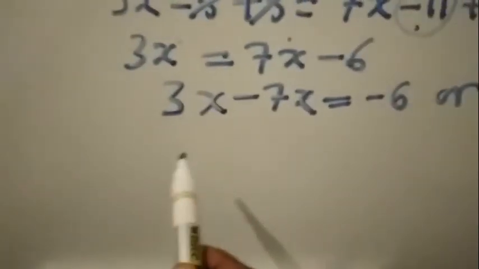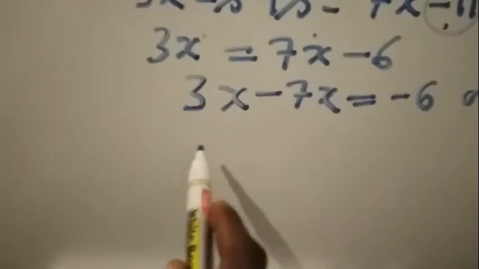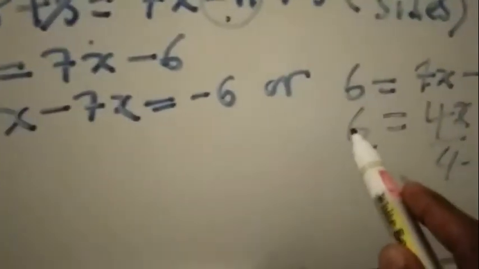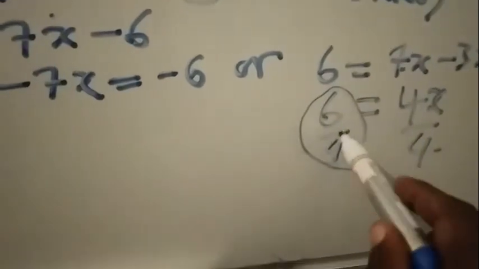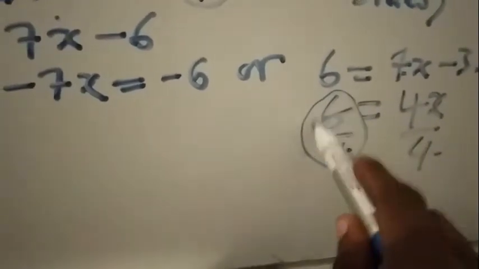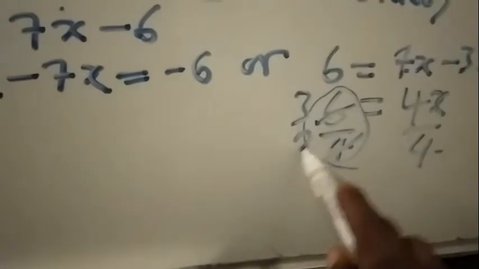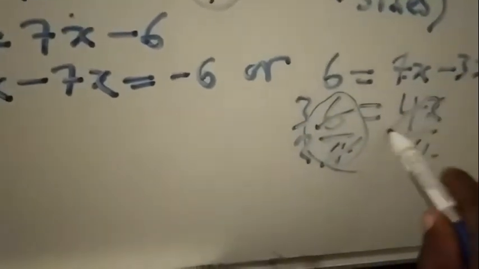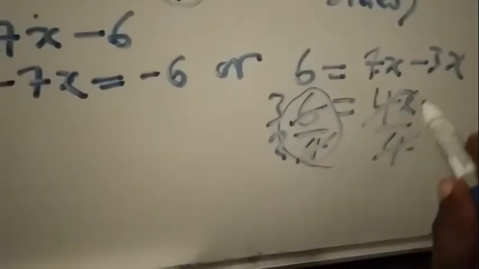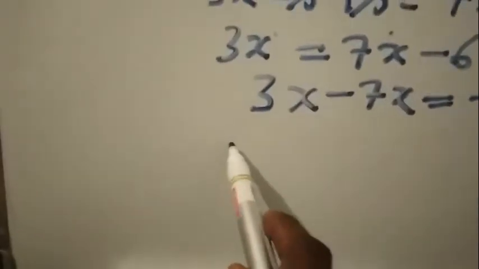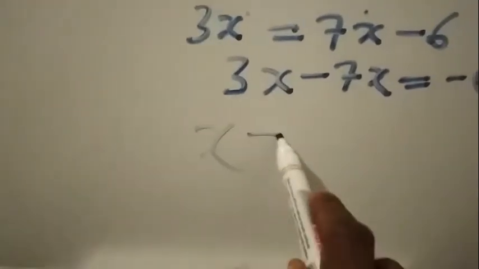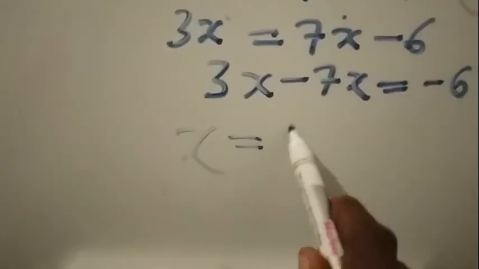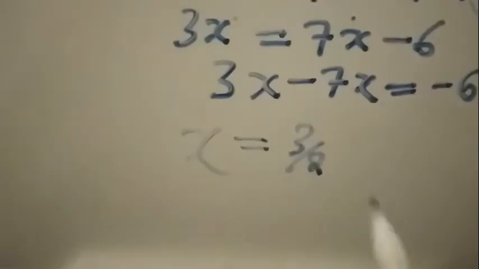This fraction over here can be reduced: 2 there is 3, 2 there is 2. Then this and that you just remain with x. So therefore our x equals 3 over 2.